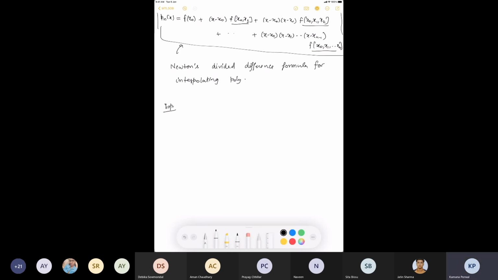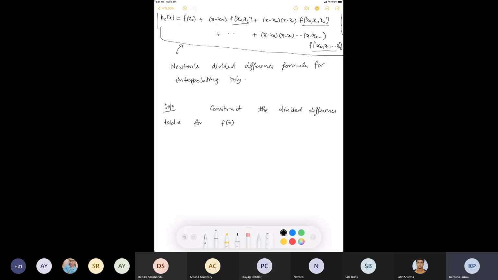So I'm going to construct the divided difference table for the function. So let's take a simple function.